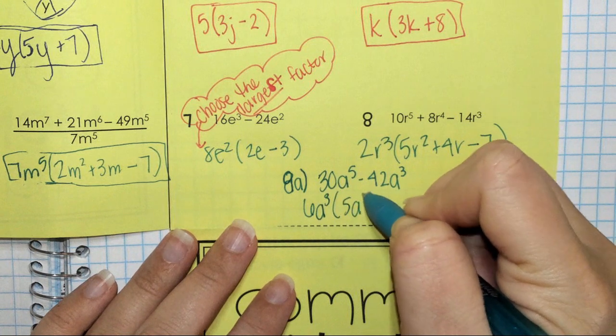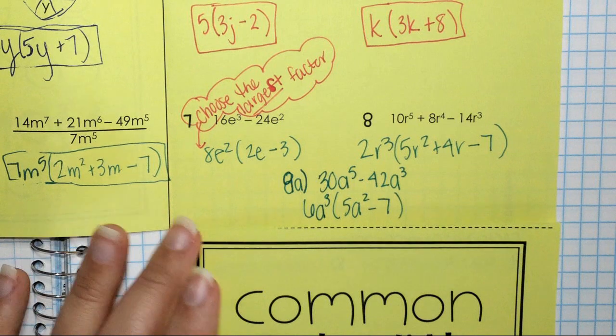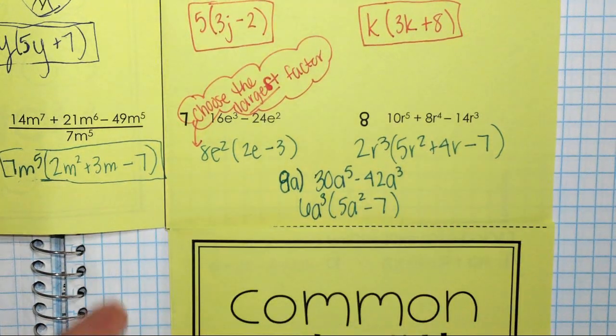And that leaves me 5a squared minus 7. Do we do okay on that one? Awesome. Good.